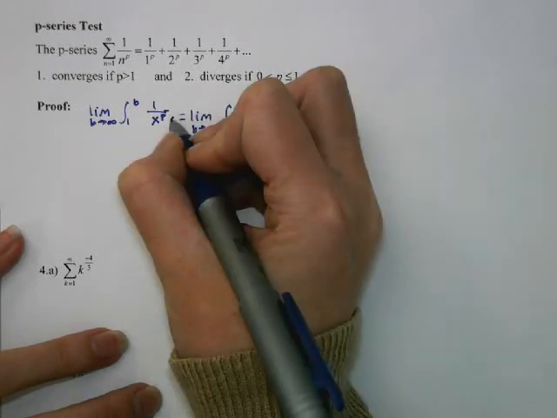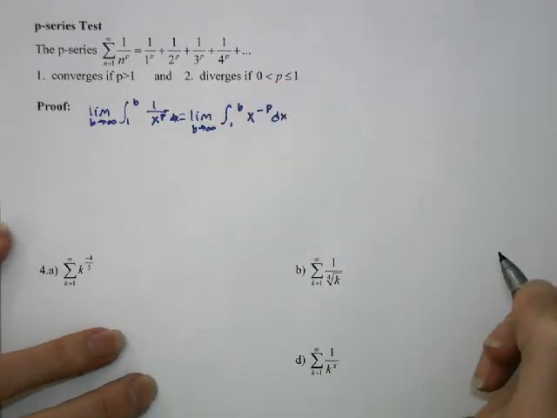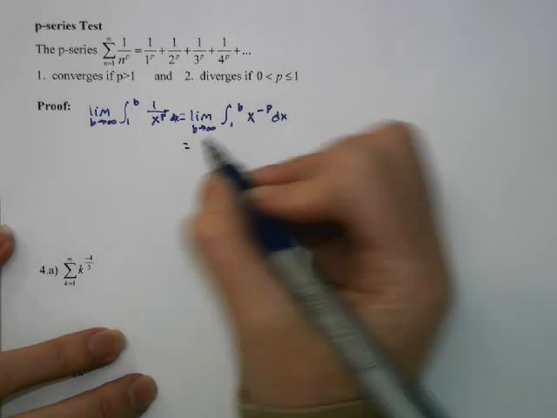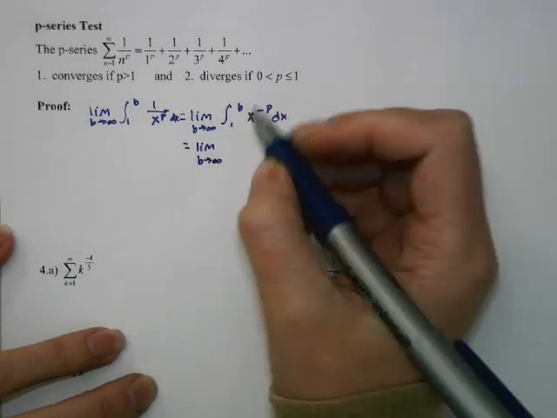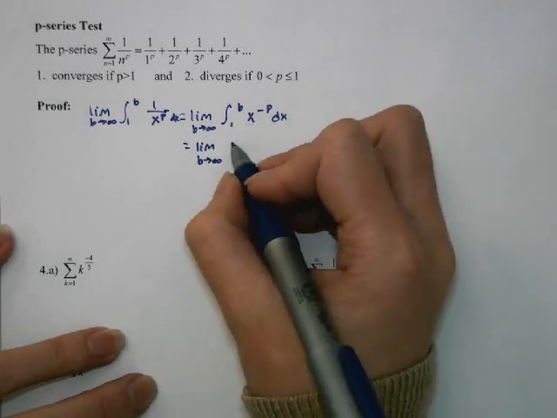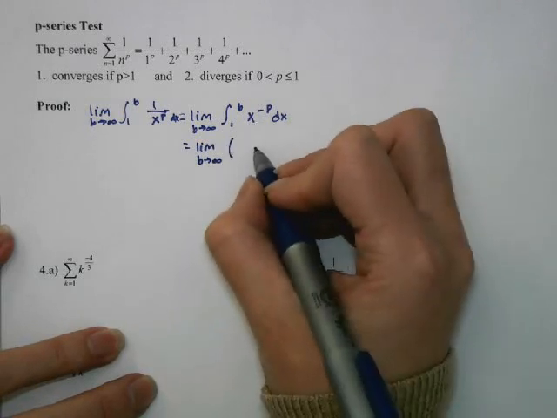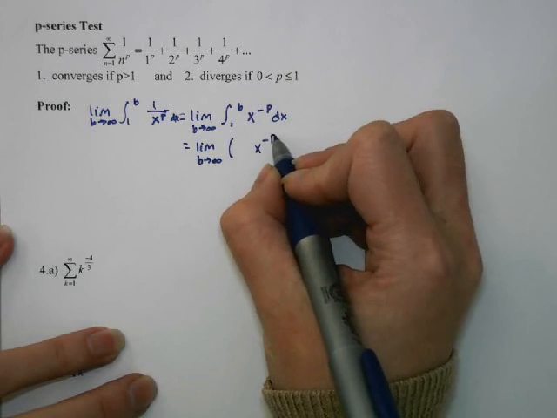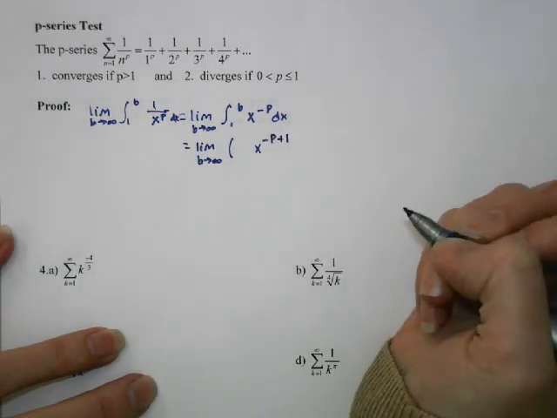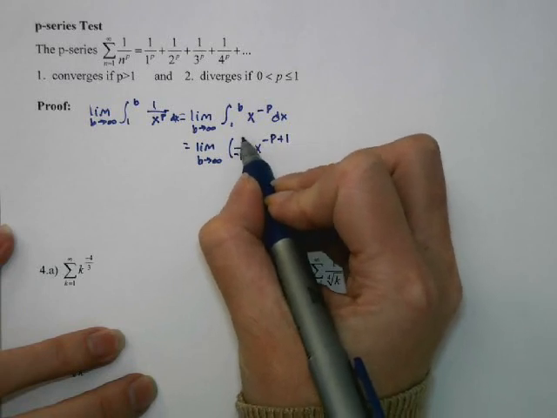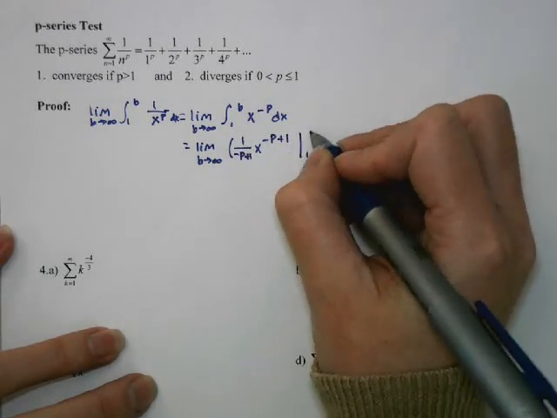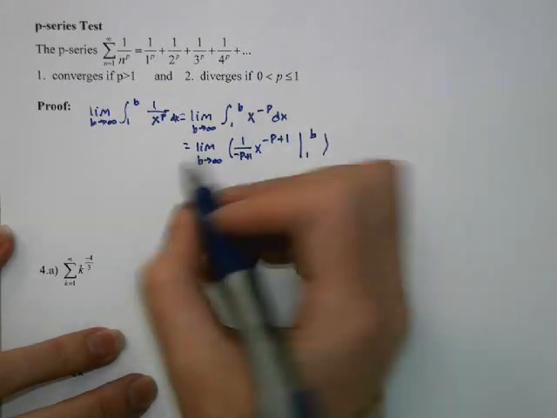That way we can think about it as using the power rule. So we're going to integrate this and leave space for the constant. So we're going to have x, we're going to add 1 to this exponent, and then I'm going to divide by that new exponent. And we're evaluating this from 1 to b.